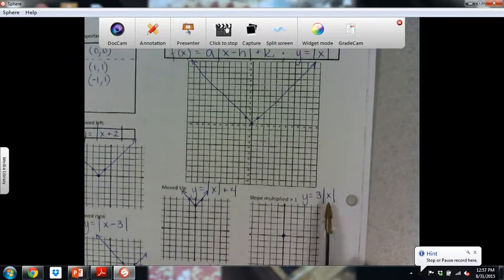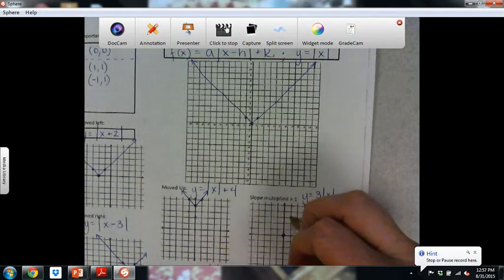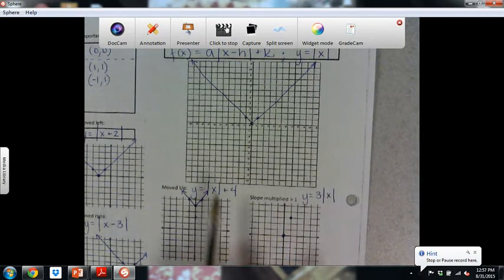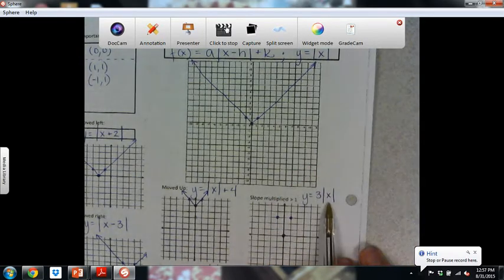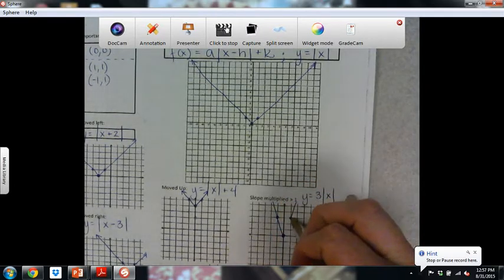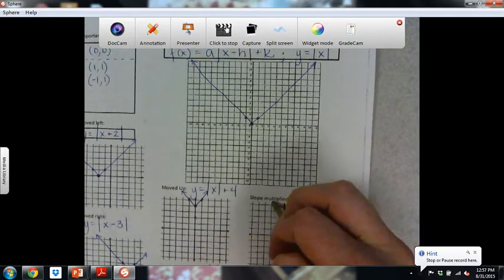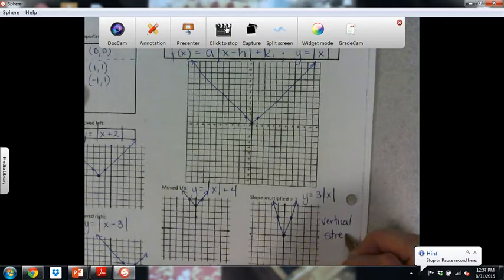Then if I plug in 1 here, the absolute value of 1 is 1, times 3 gives me 3, which puts my point right here. And then just like before, we're going to be symmetrical, so there's going to be 1 over here. Absolute value of -1 is 1, times 3 is 3. And again, we still have the V shape, but it is much skinnier and stretched. So again, this is a vertical stretch because I multiplied by something larger than 1.